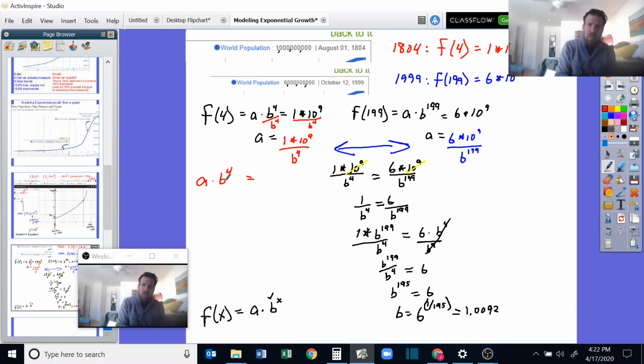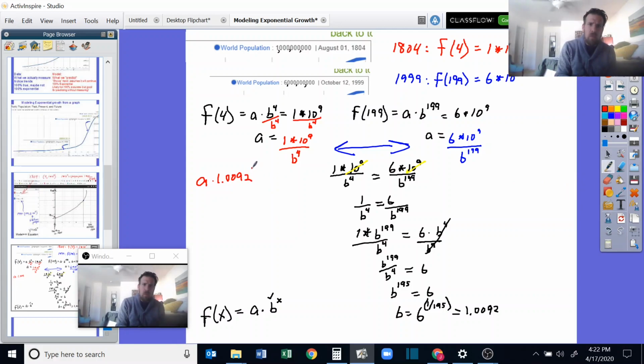But wait a second, I know what this b is. I don't need to put a variable in there anymore. That b is 1.0092.